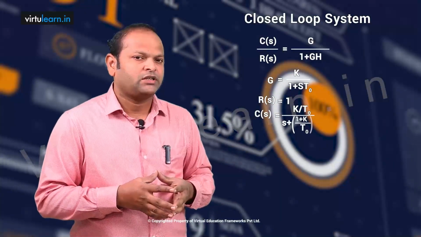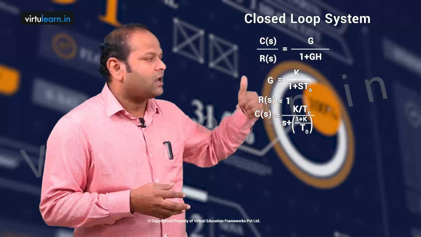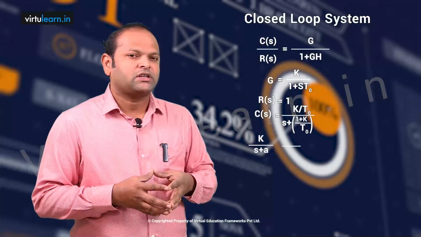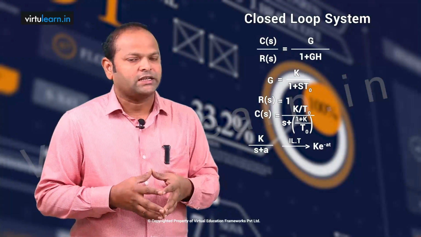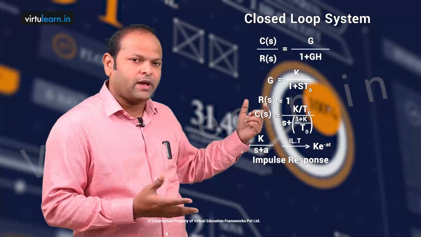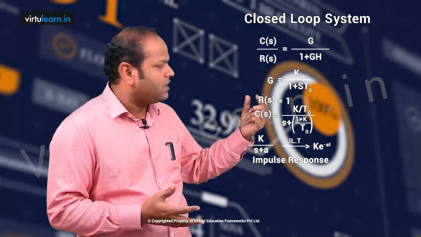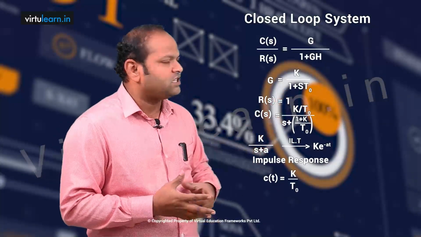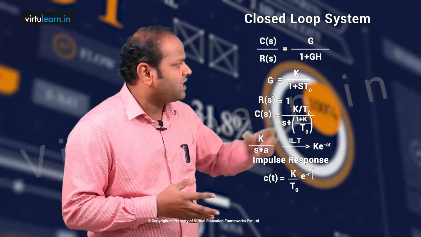So 1 plus k by t naught is a, and k by t naught is k. Again, whenever you have k by s plus a, the inverse Laplace transform is k into e power minus at. Then what will be the impulse response for the closed loop or feedback system? The impulse response is going to be c(t) equals k by t naught into e power minus t into 1 plus k by t naught.